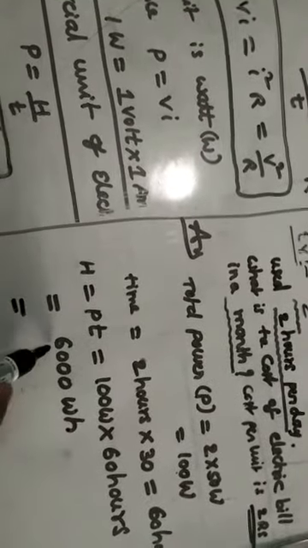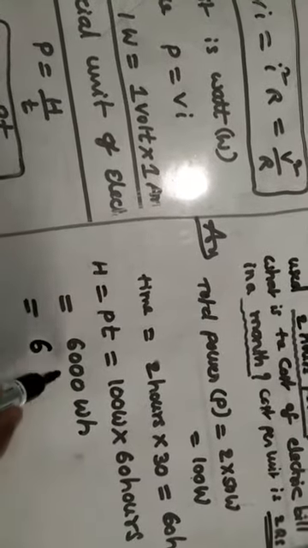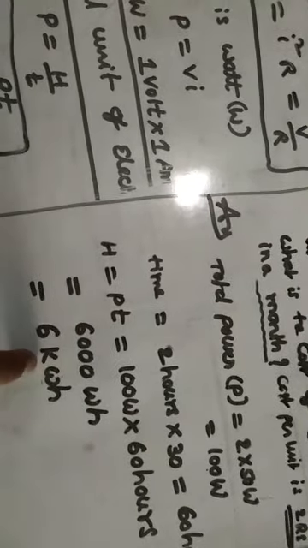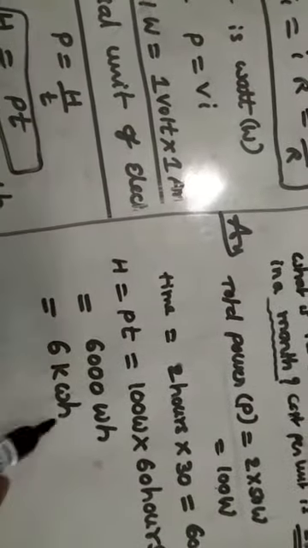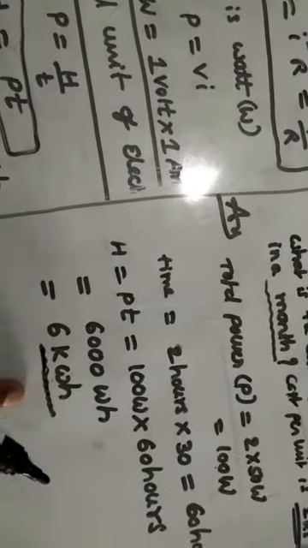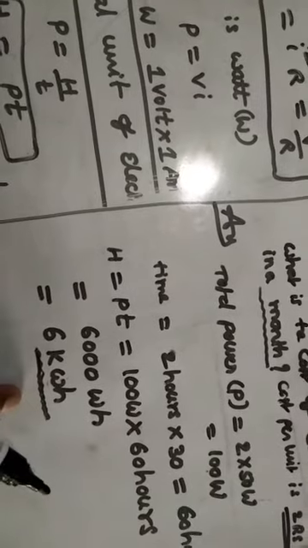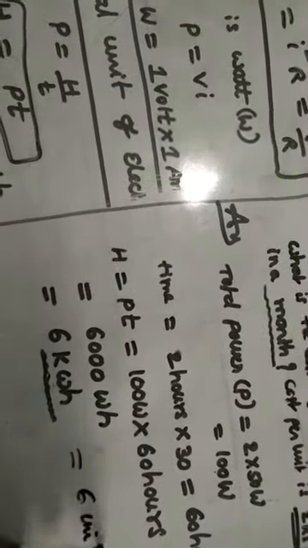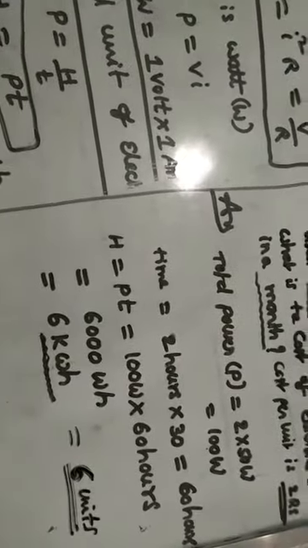Once again 6000 watt hour, 6000 watt hour means 6 kilowatt hour. I can write 6 kilowatt hour. Kilo means 1000, 6000 means 6 kilowatt hour. Now I told you 1 kilowatt hour is nothing but 1 unit. So here 6 kilowatt hour is equal to 6 units. So in this way you have to find it.